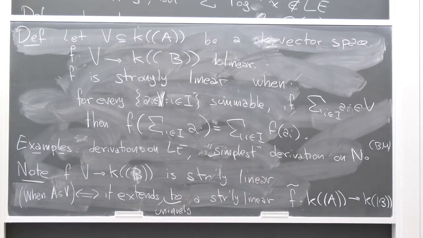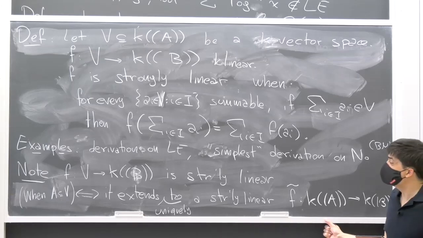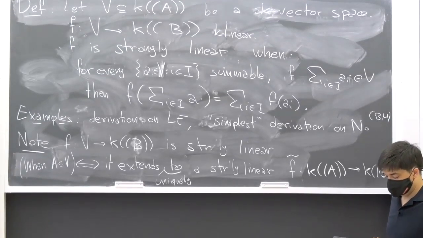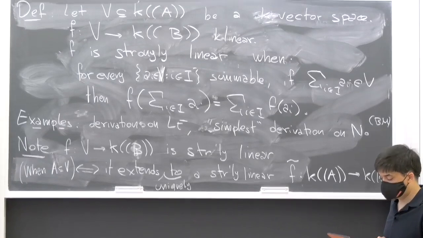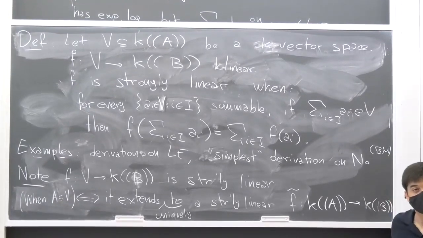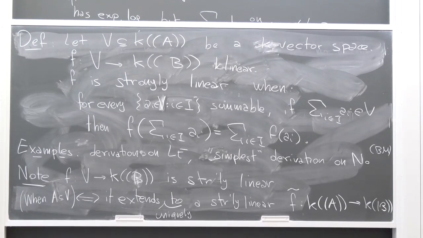Okay, now there is a skepticism. It's probably a stupid question, but if V is K of A, there is obviously F extends to K of A. So that means that F is always strongly linear.